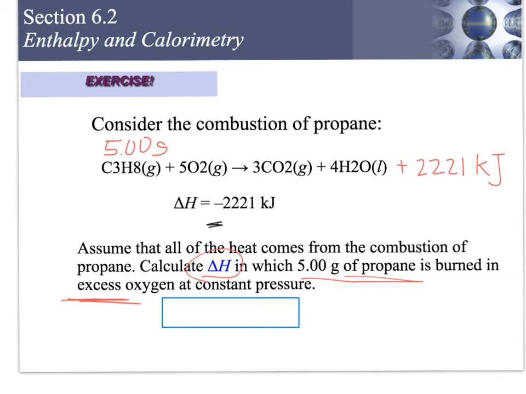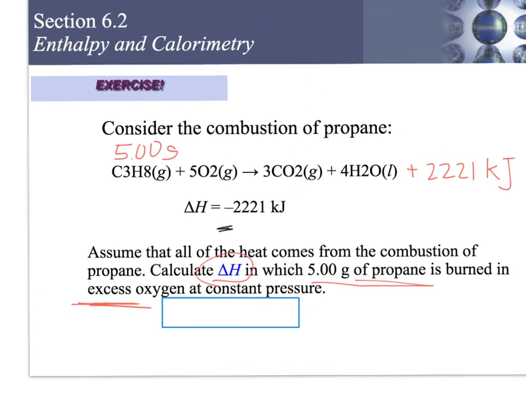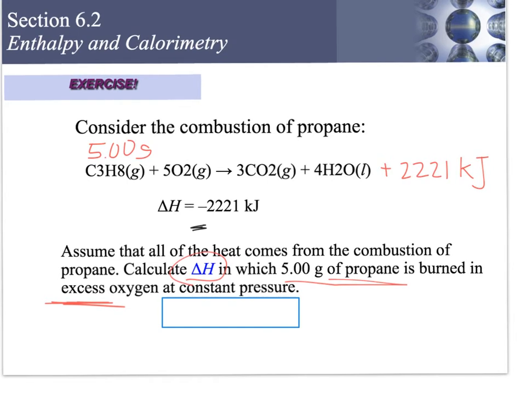So we're looking at what happens if 5 grams of propane is burned in excess oxygen. What this enthalpy tells you is that this is the enthalpy for 1 mole of propane, because this is the enthalpy of this reaction.